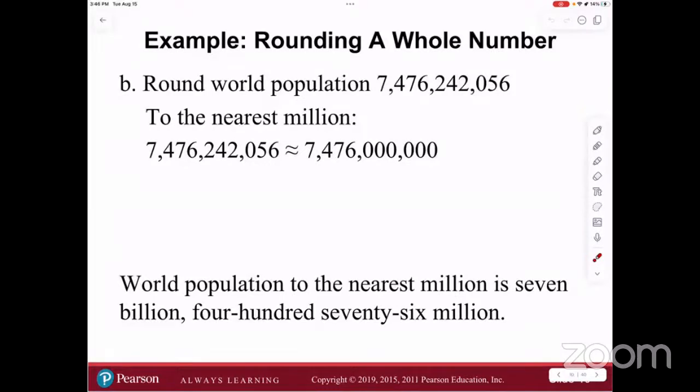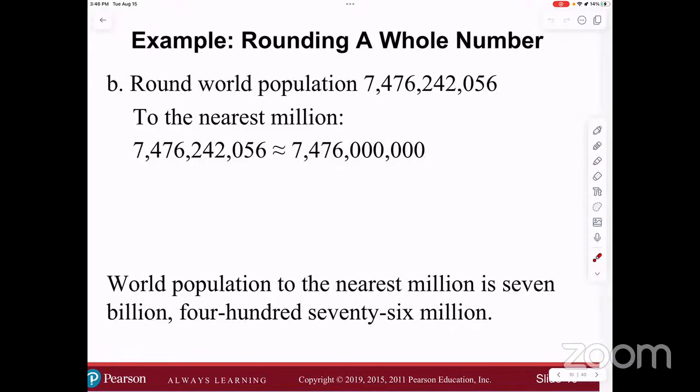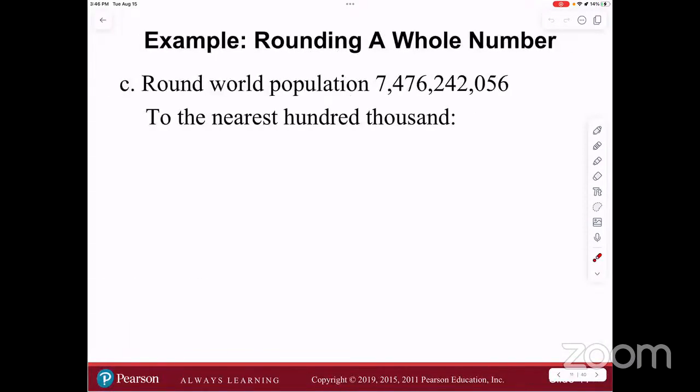Okay. So, round the world population to the nearest 100,000. If we're in the thousands, here's our 10,000, here's our 100,000. This is our 100,000. To the right of this digit is the 4. Because 4 is less than 5, that means this 2 stays as is.